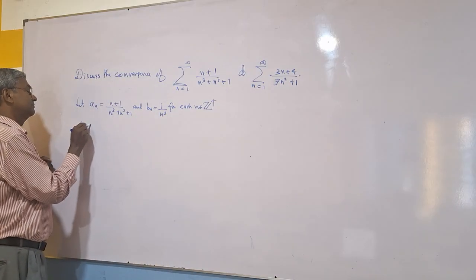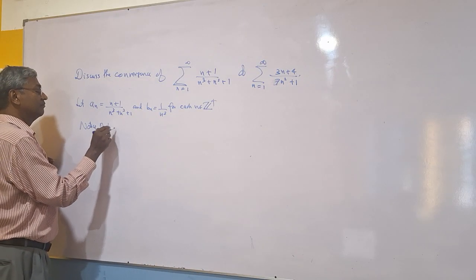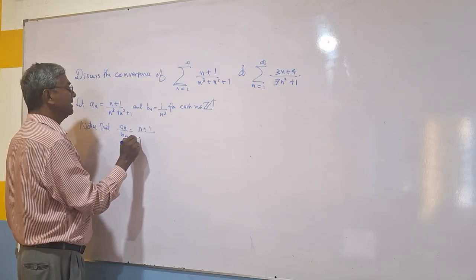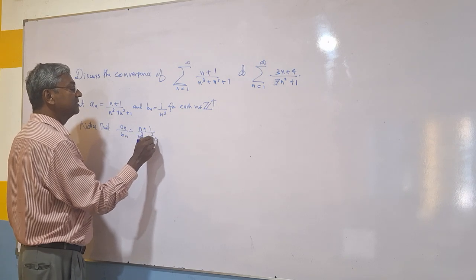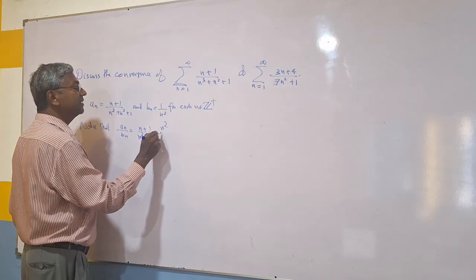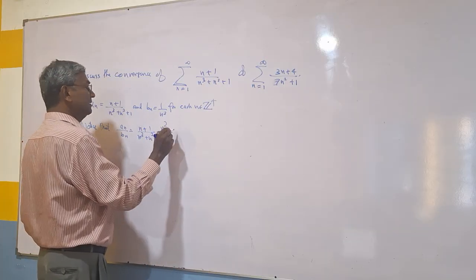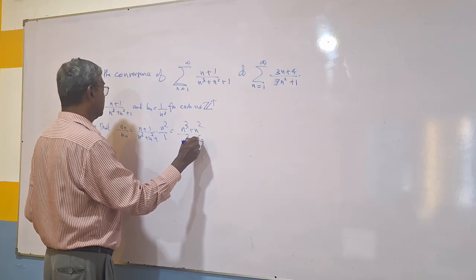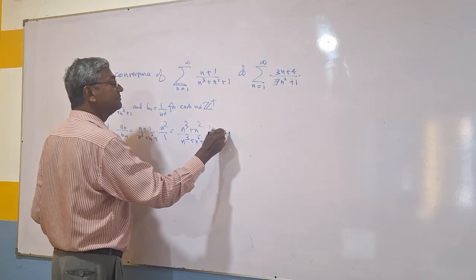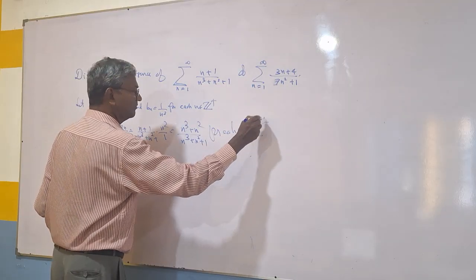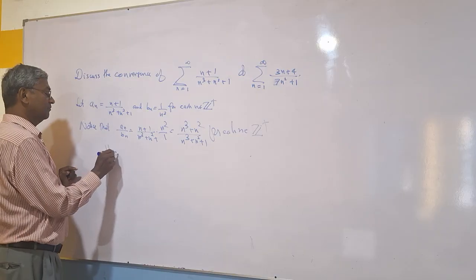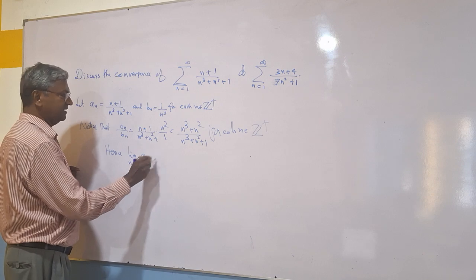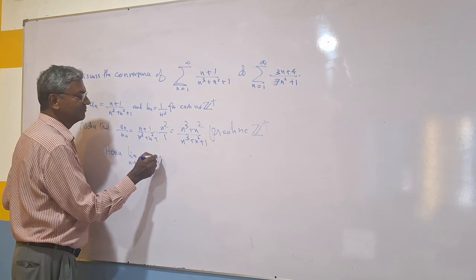Notice that an by bn is n plus 1 divided by n cube plus n square plus 1, divided by bn, which is n square over 1, equal to n cube plus n square divided by n cube plus n square plus 1, for each n belongs to N. Hence, limit n tends to infinity of an by bn is equal to 1, greater than 0.